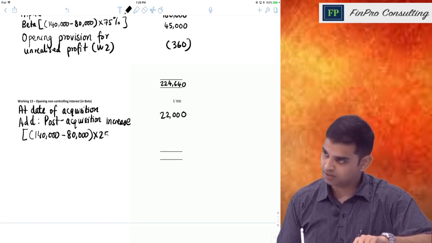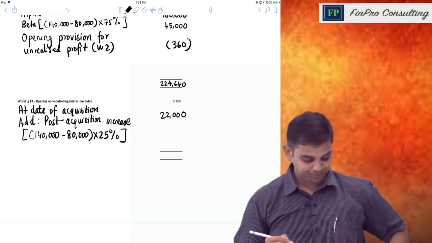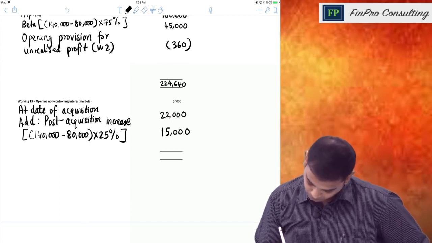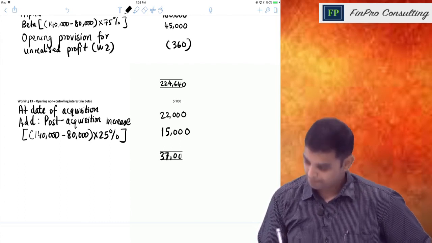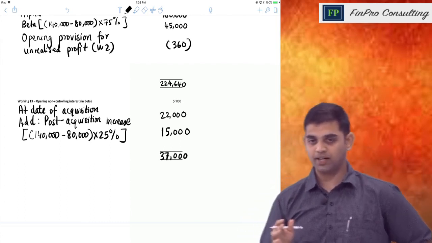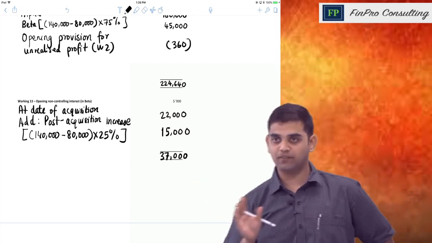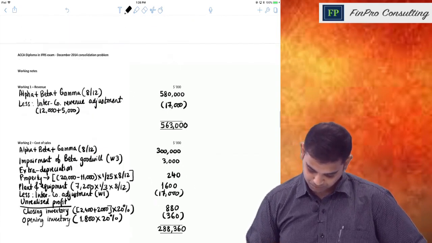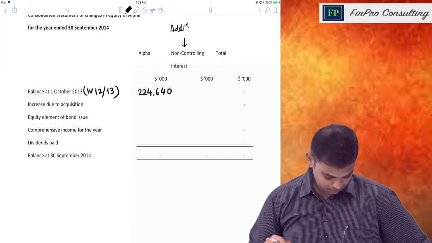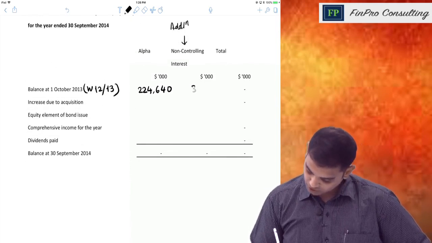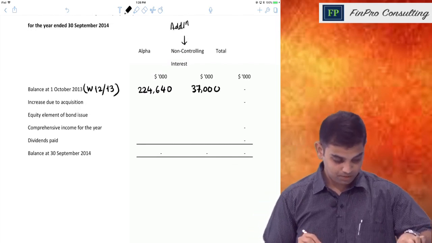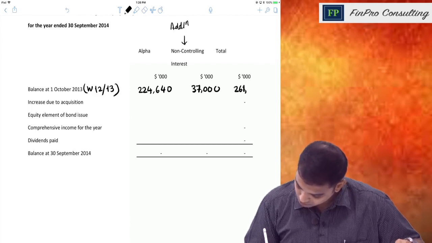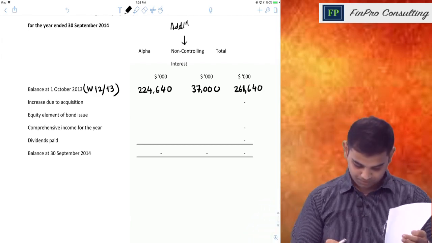Now only the 25% NCI share, which is 15,000. So the total is 37,000. Right, 22 was at the date of acquisition given in the problem, and post-acquisition increase 15,000. Take this 37,000. What is the total of the opening balance? 261,640.